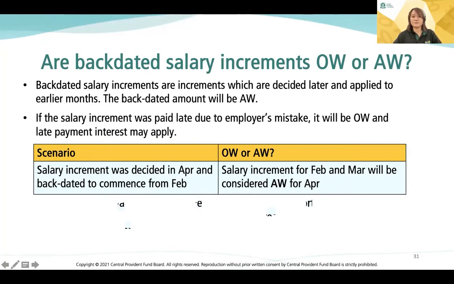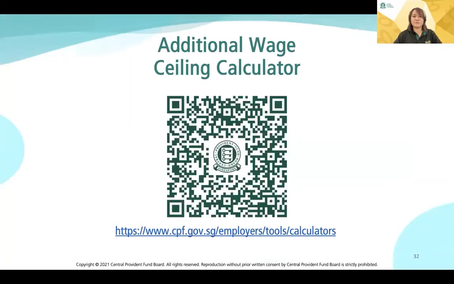Okay. You may be thinking that this is a little bit complicated. How do I actually calculate the ceiling and all that? We have a tool on our CPF website called the additional wage ceiling calculator. Do check it out, scan the QR code, check out the link, and use this calculator to calculate the AW ceiling.